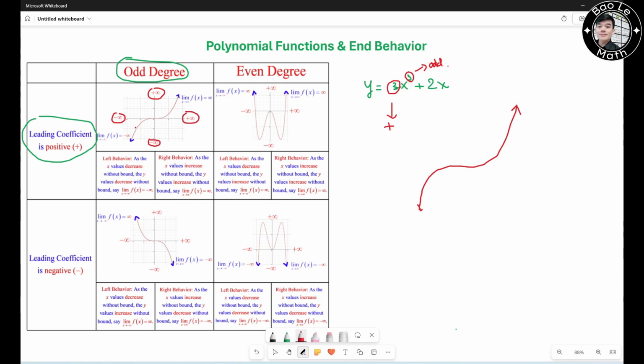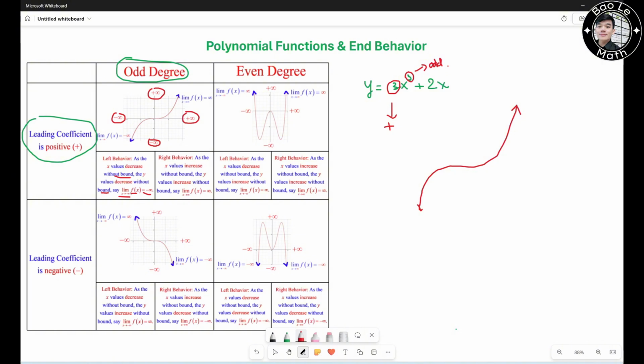So when s is going to negative infinity, the function is going down to negative infinity. You write the left behavior as the value of s decreasing without bound and the y value decreasing without bound. So you say the limit of the function f of s as s approaches negative infinity equals negative infinity. Now the right behavior is going to be the same.